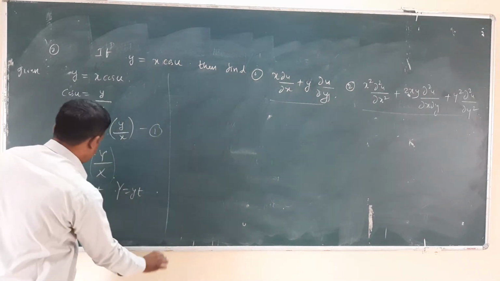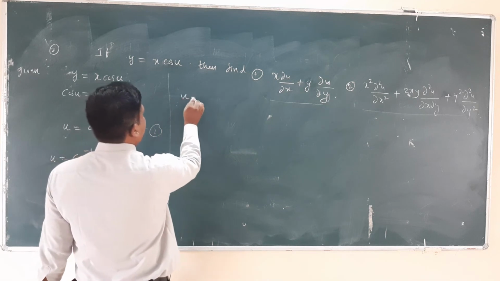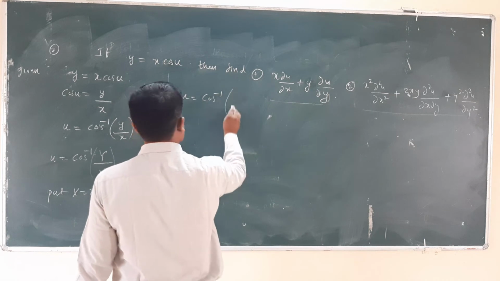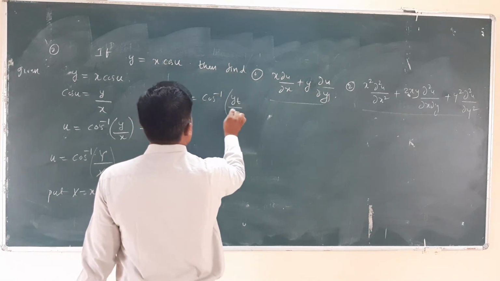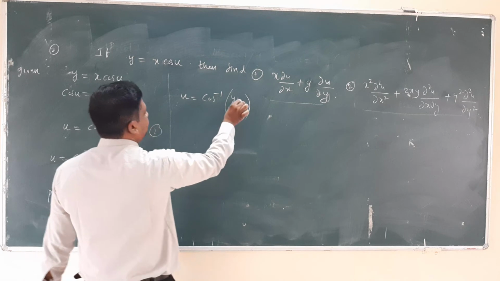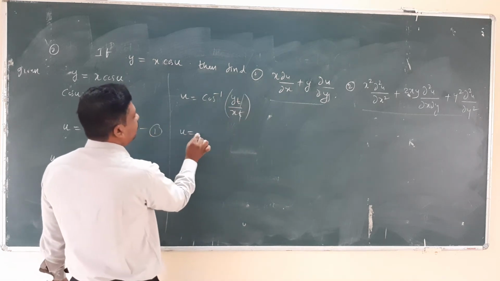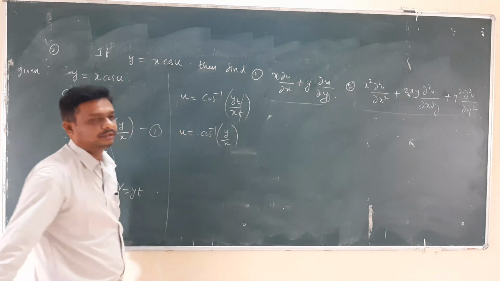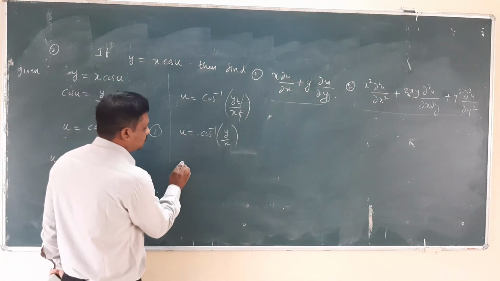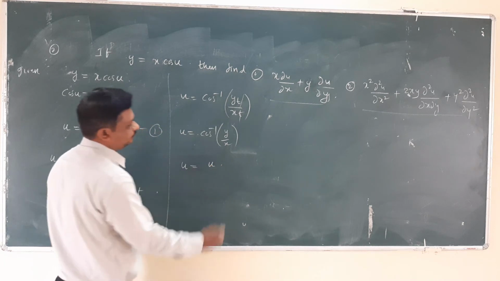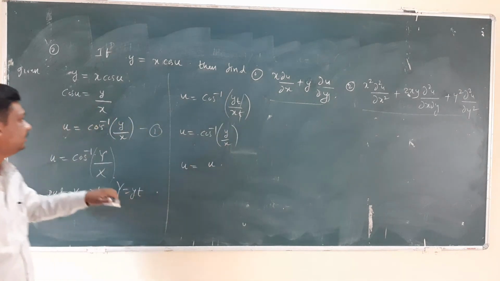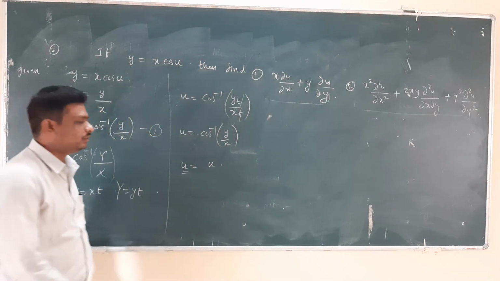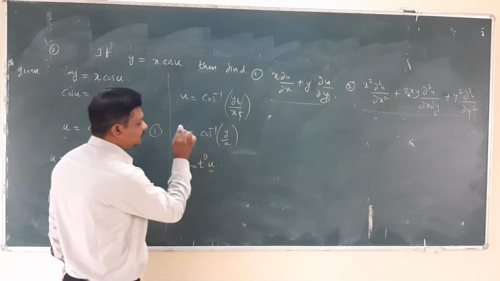Then I get u is equal to cos inverse of yt upon xt. So t and t get cancelled, and u is equal to cos inverse of y upon x. This is nothing but u from equation number 1, so at the end we got u is equal to u. Therefore the function is homogeneous.